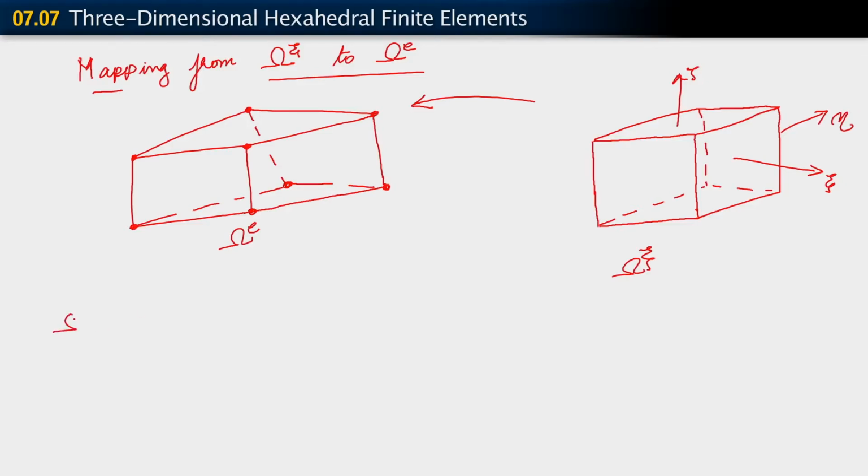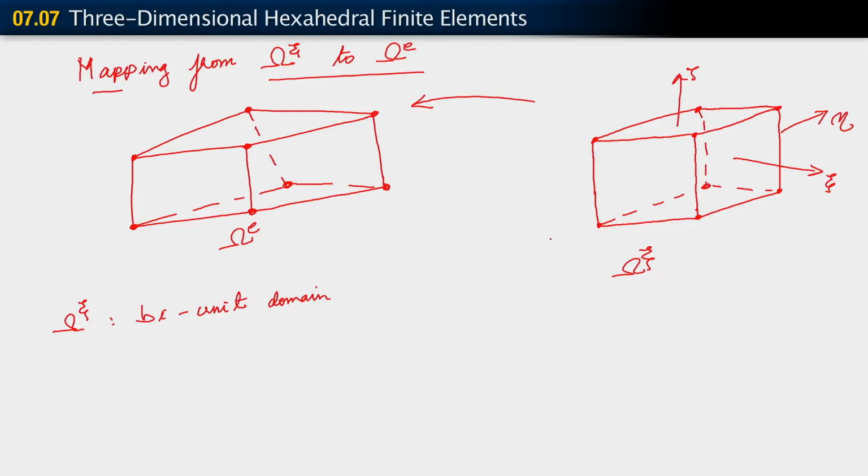Okay, so omega xi is also a bi-unit domain, just as we had in 1D. Okay, what that means is that in terms of coordinates of the nodal points in this domain, we have the following coordinates.